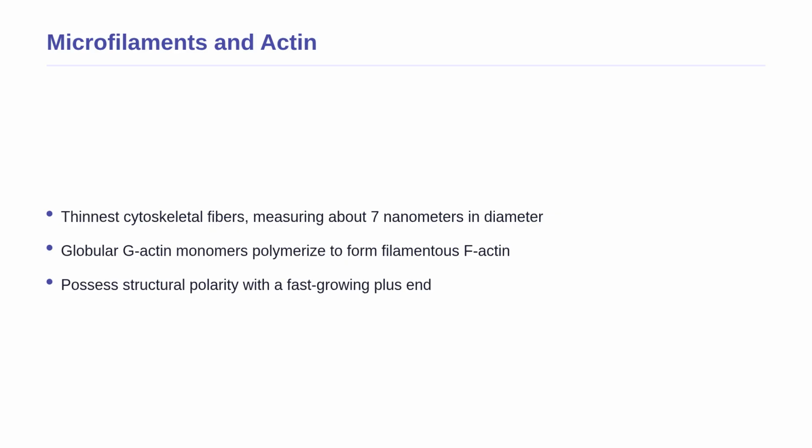This filament has a distinct structural polarity, meaning it has a plus end that grows rapidly and a minus end that grows slowly. This polarity is absolutely crucial because it gives direction to motor proteins like myosin, which generate mechanical force.